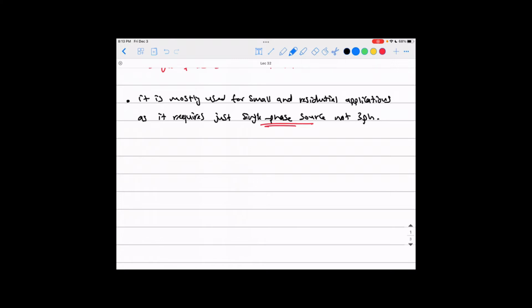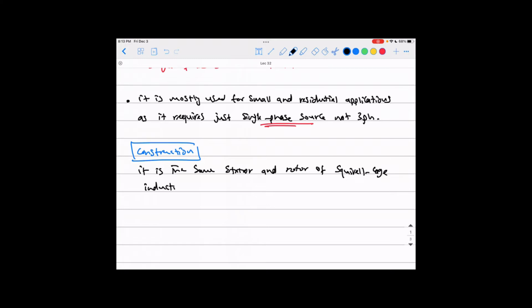About the construction, we will not be talking a lot because it is the same stator and rotor of the squirrel cage induction motor, like our three-phase induction motor.